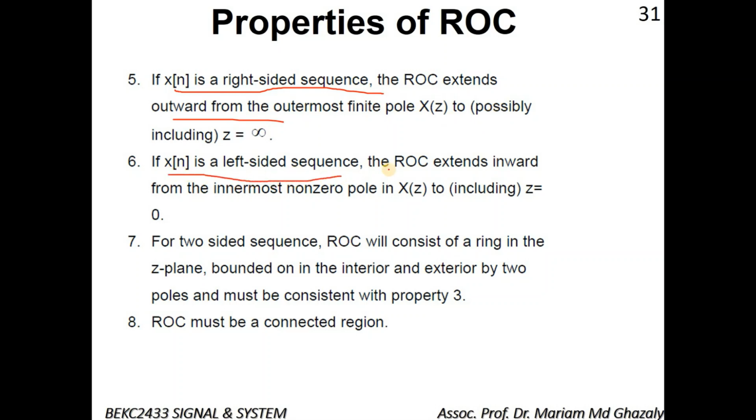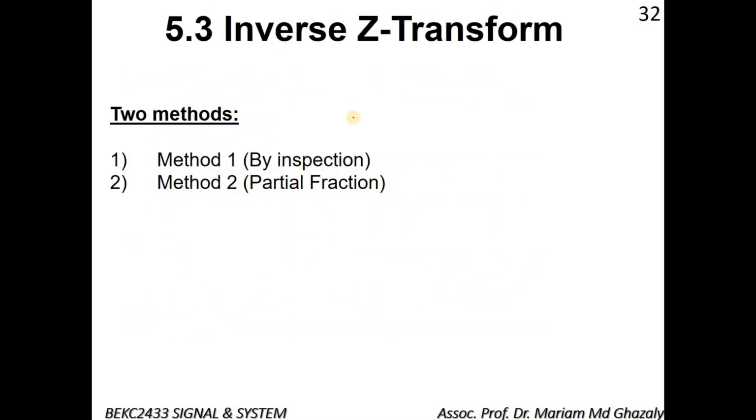If you have a left-sided sequence, the ROC extends inward. For a two-sided sequence, it consists of a ring bounded by the interior and exterior of the two poles. And the ROC must be a connected region, meaning there must be an overlapping area, a convergence area.